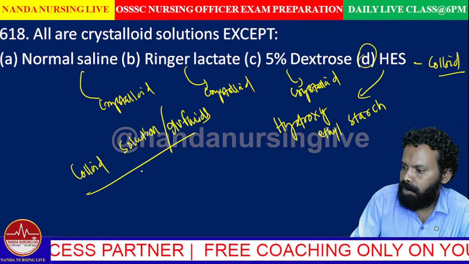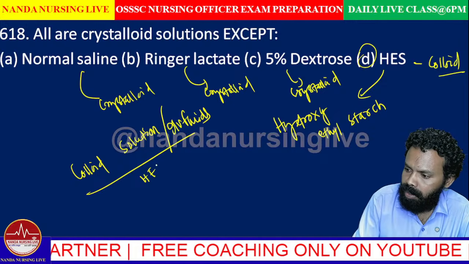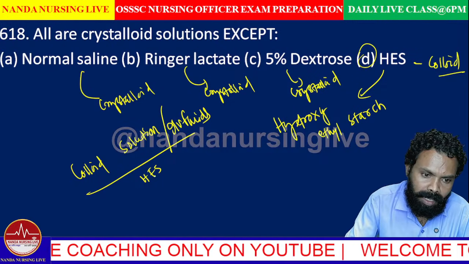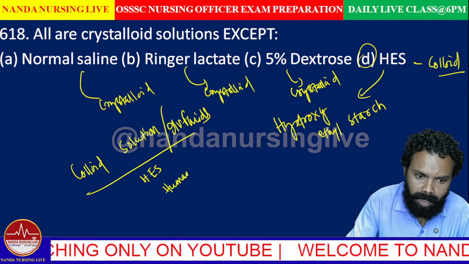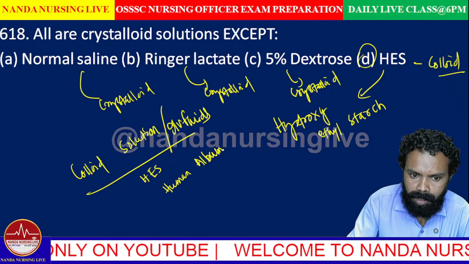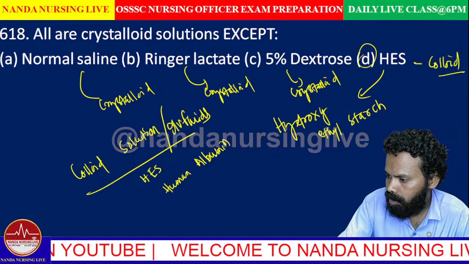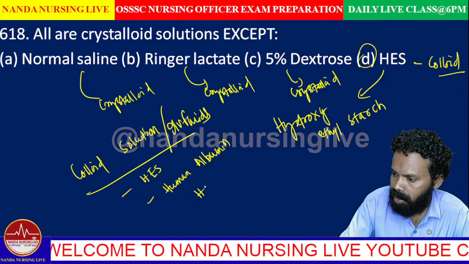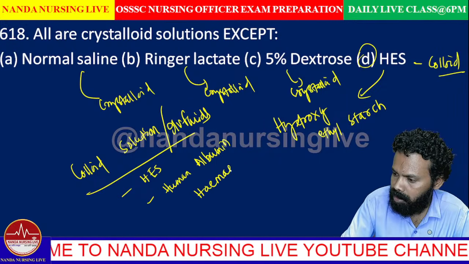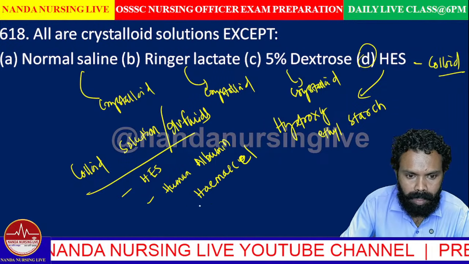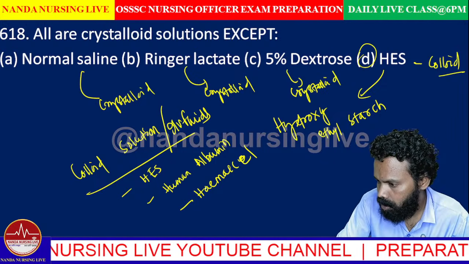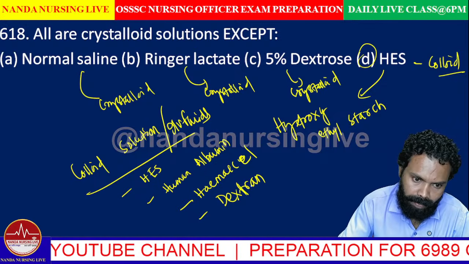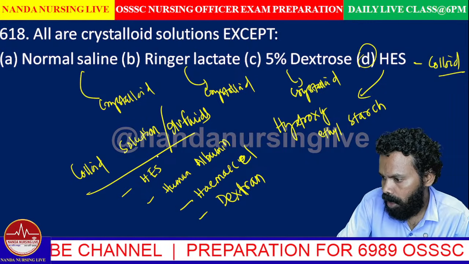HES, yes. And what else? Human albumin is also there. Human albumin, it is also called as Haemaccel. Haemaccel, also called dextran. Dextran is also a colloid. These are all colloid IV fluids.